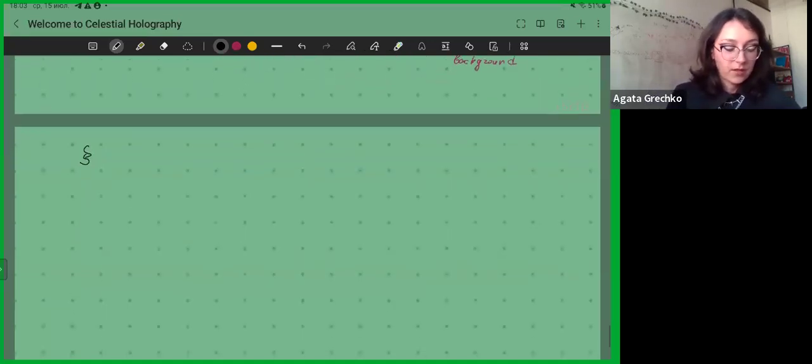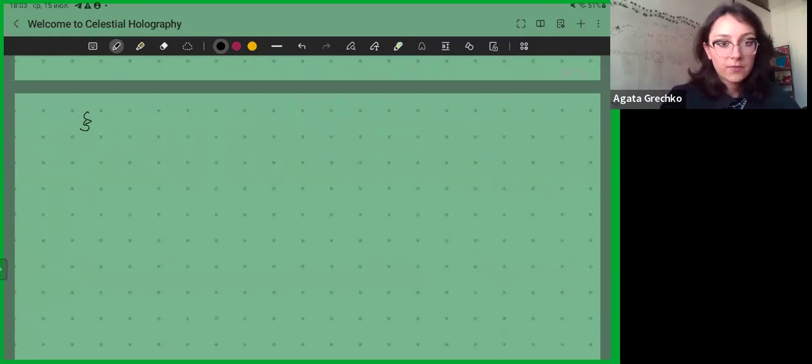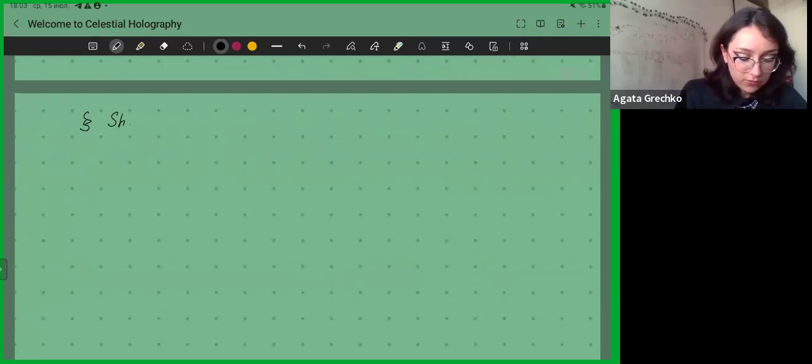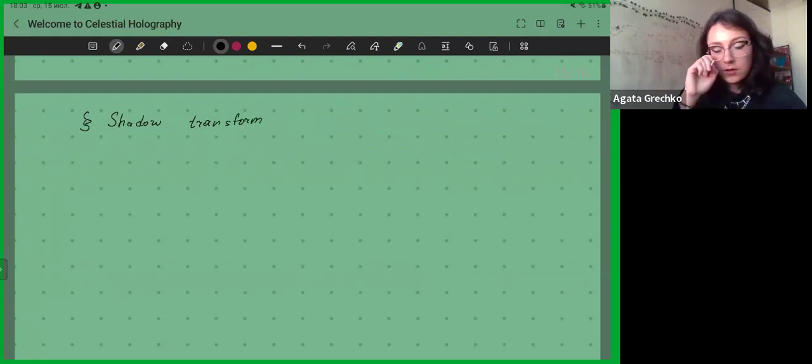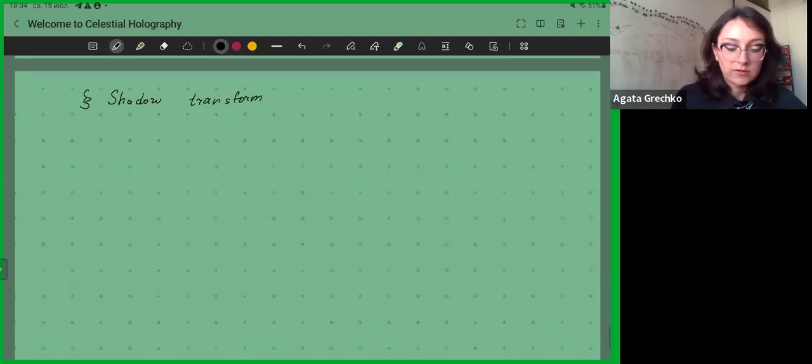Okay, so to finish today, we will introduce the so-called shadow transform. And we will see that there is some relation that makes us able to relate the basis wave functions inside the celestial CFT that we introduced, so that they are not completely independent of each other.